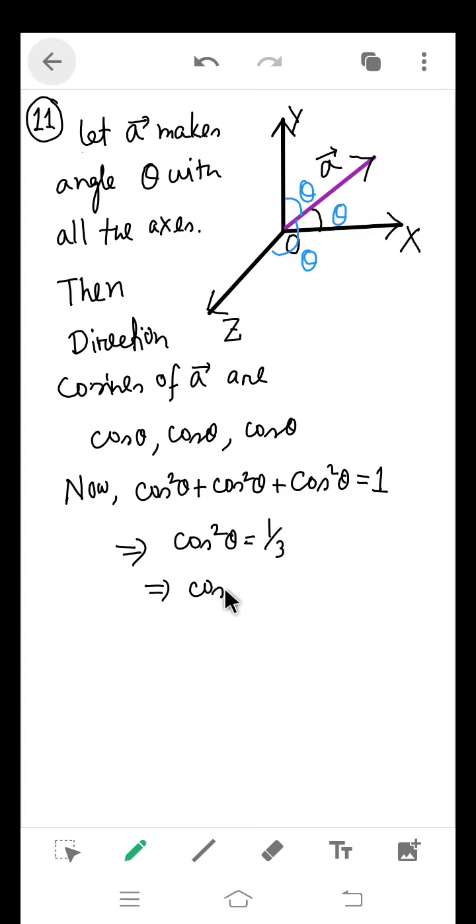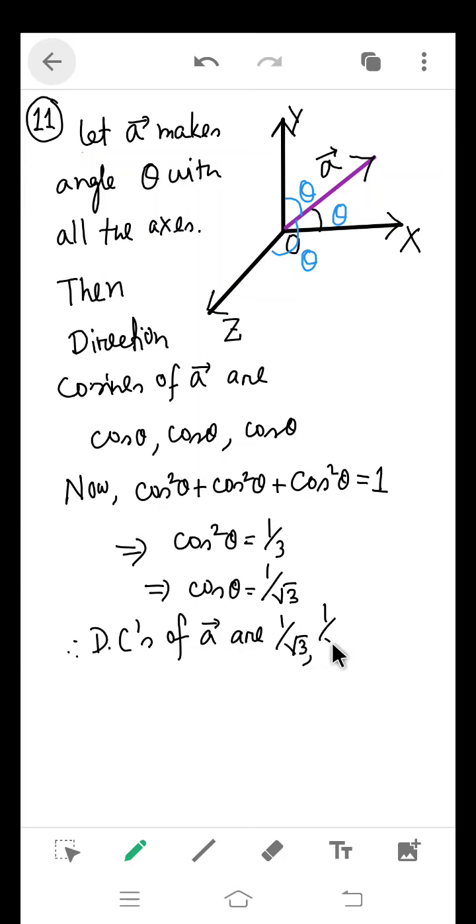So cos theta is plus minus 1 by root 3. You can take plus minus, but right now we need 1 by root 3, so you can take only the positive one. Therefore you have got the direction cosines of A as 1 by root 3, 1 by root 3, 1 by root 3. So this is the proof. वही हमको प्रूफ करना था. So that's all for question number 11.